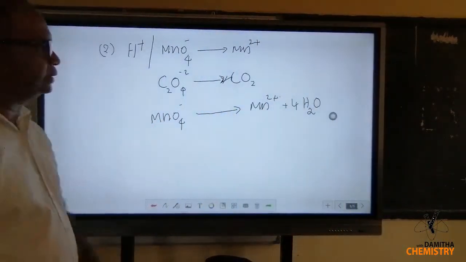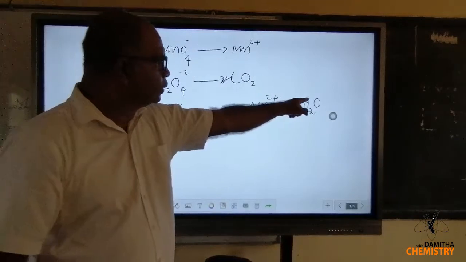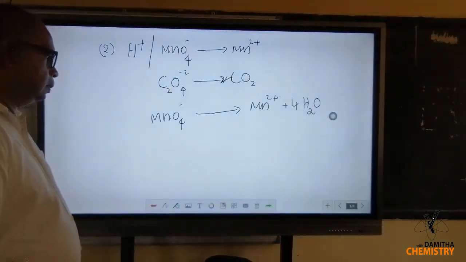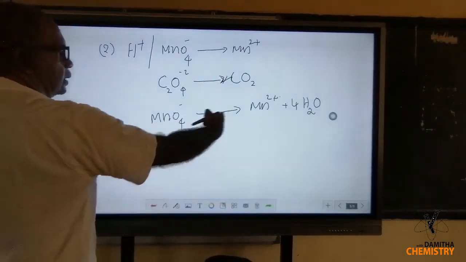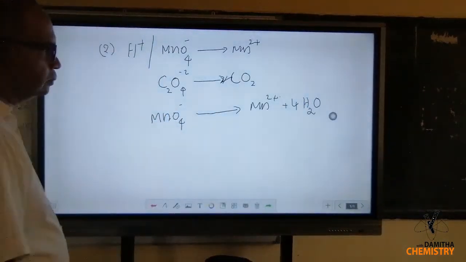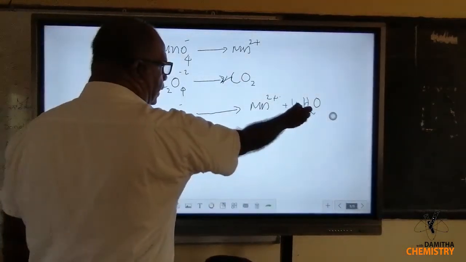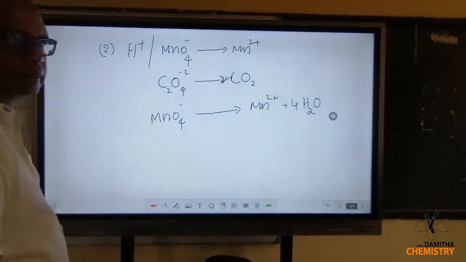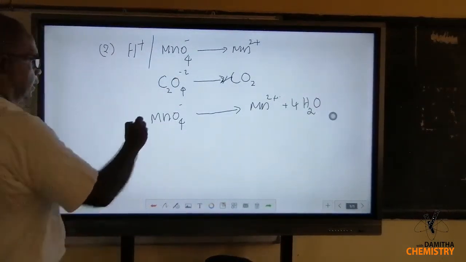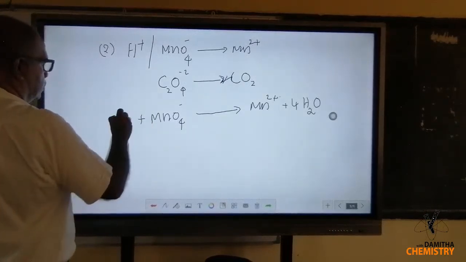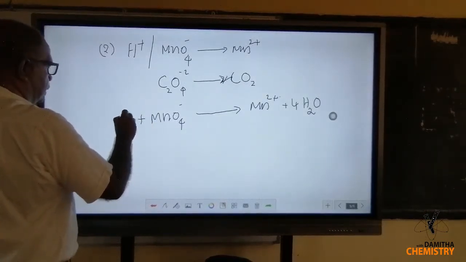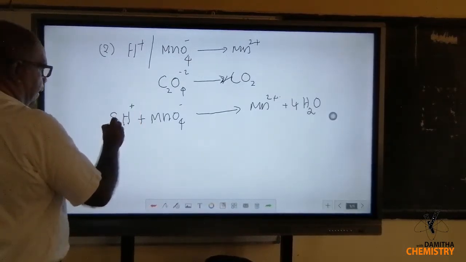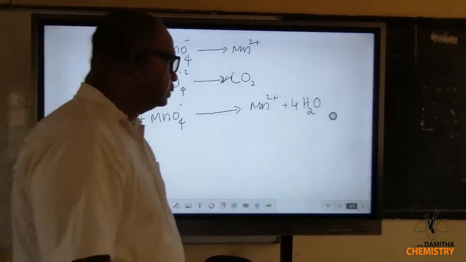Then oxygen is balanced. Then hydrogen is unbalanced: the right hand side has 8 hydrogen, but the left has none. Add 8 H+.